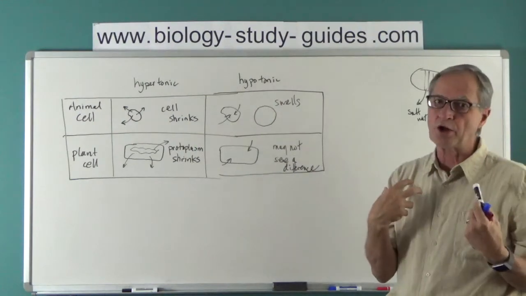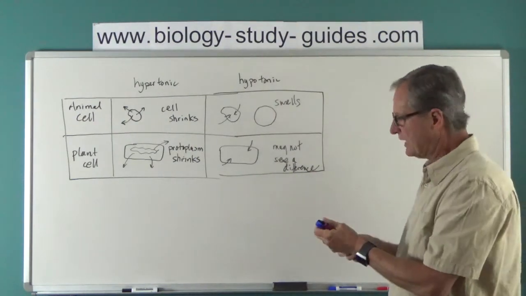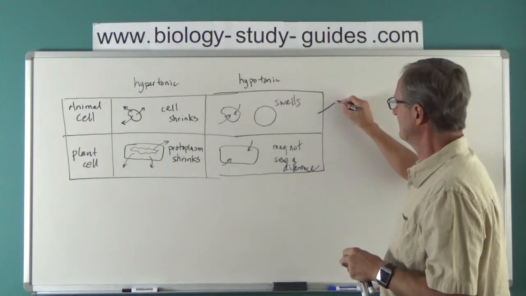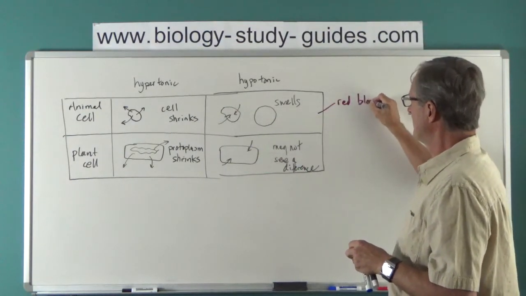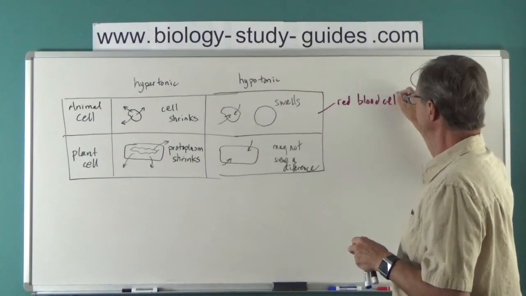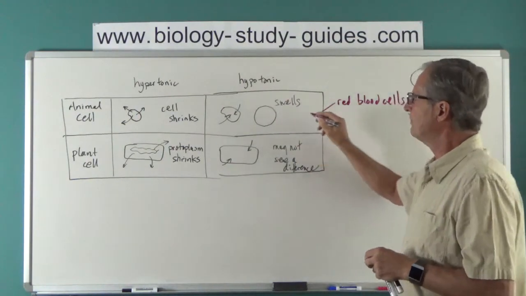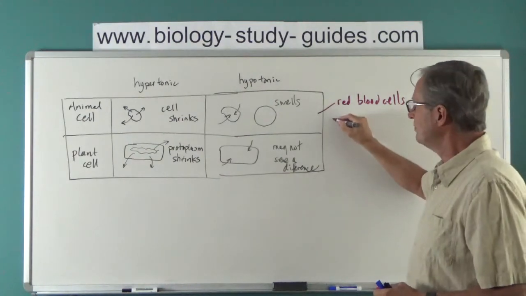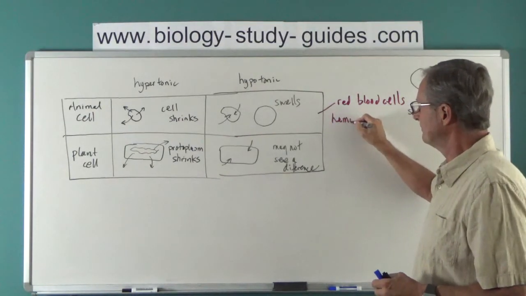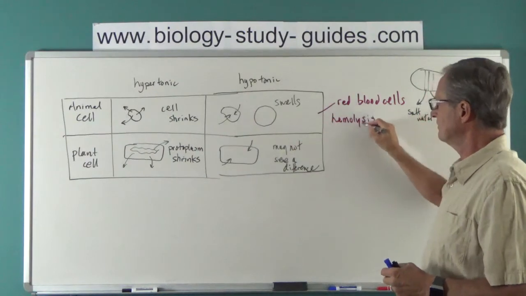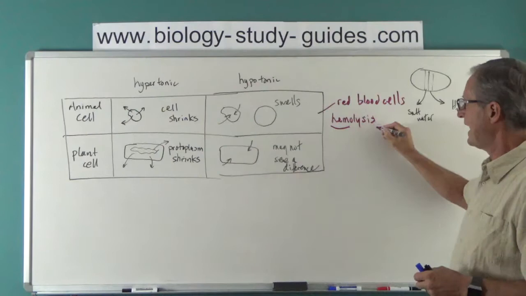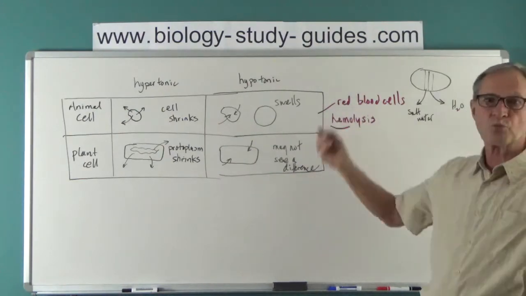In human biology, if we were to take this topic and deal with red blood cells, if we put red blood cells in things like distilled water, ethyl alcohol, we will get hemolysis. They break. Heme deals with hemoglobin, they actually break. They can burst wide open.